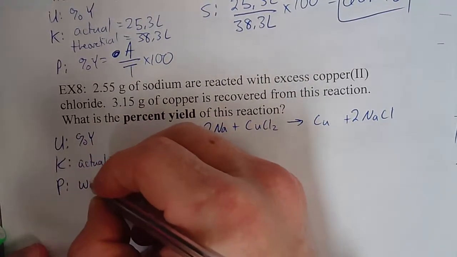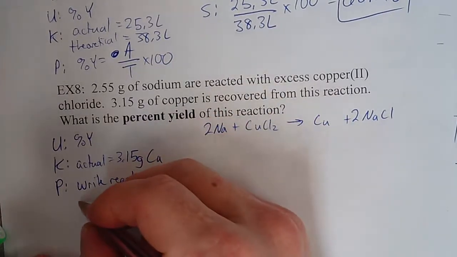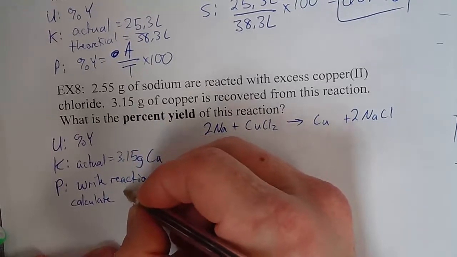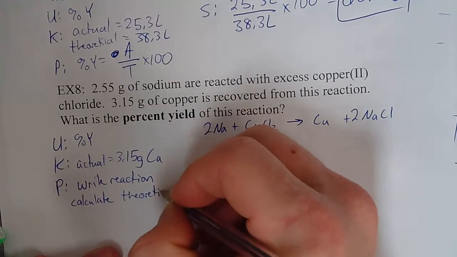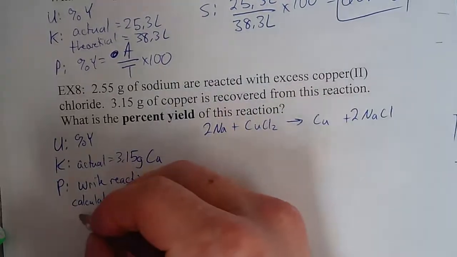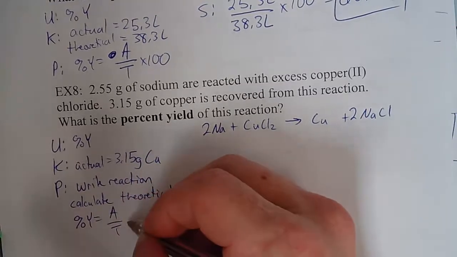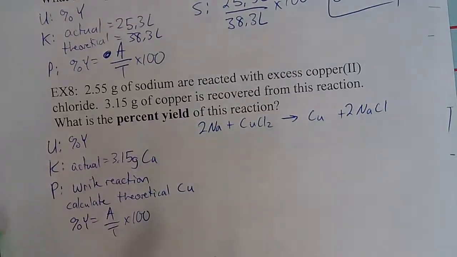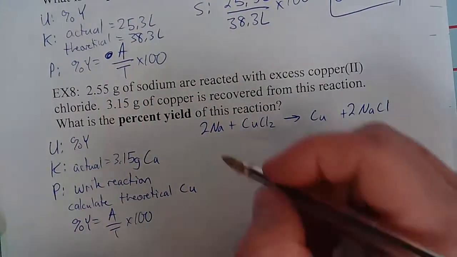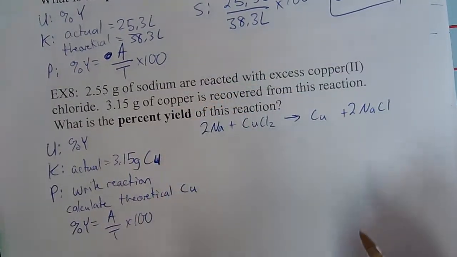We wrote the reaction, and then we're going to calculate the theoretical amount of copper, and then we'll do the percent yield thing. We have to do that calculation because they didn't give us the theoretical yield of copper in this one. By the way, that's a U, not an A, if you're back in the room squinting.